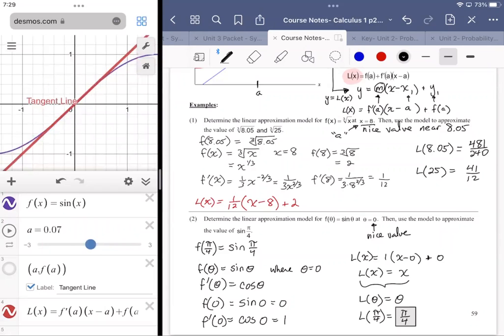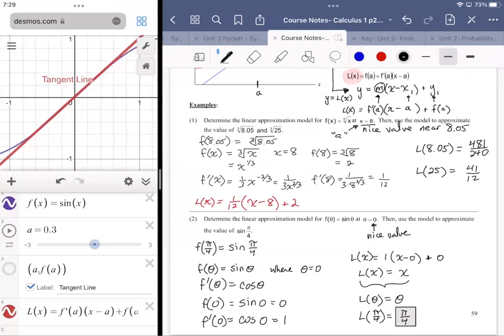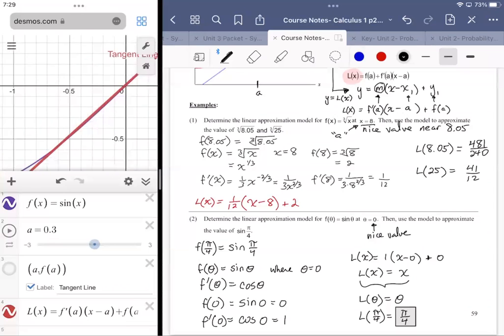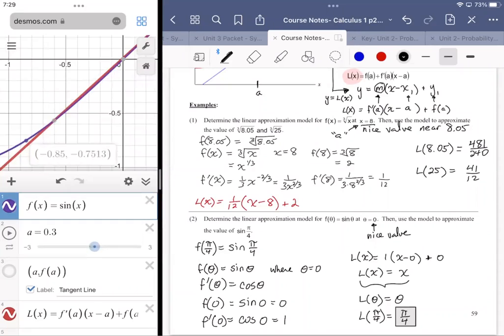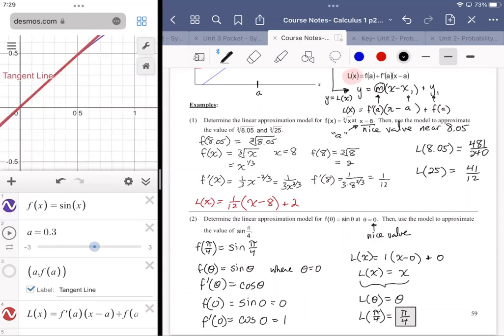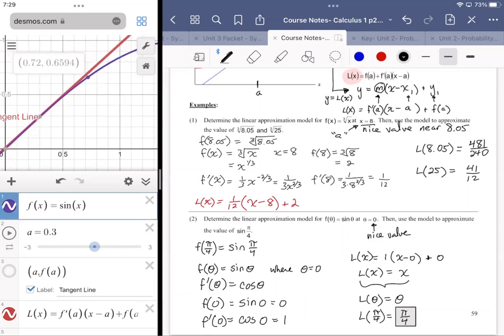So I can use it over the interval of roughly, maybe even 0.3. If the a value is 0.3, it kind of lays on that interval sort of nicely, and so we could get a nice stretch going from about -0.7 to +0.7, because there is symmetry there before it starts starkly deviating.